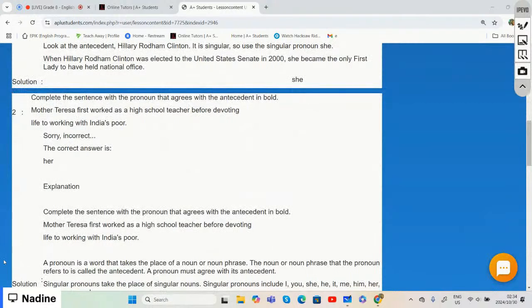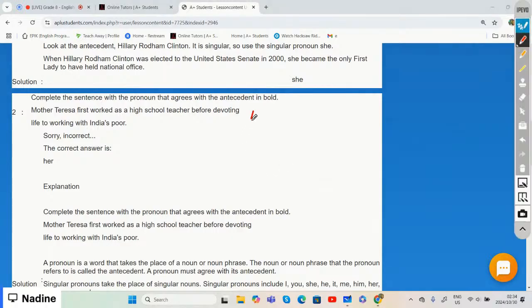Mother Teresa first worked as a high school teacher before devoting, we need to choose a pronoun, life to working with India's poor.